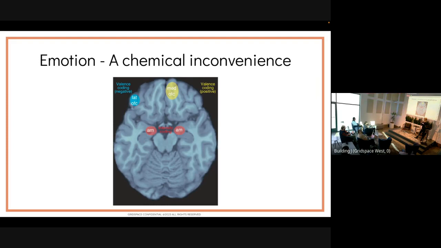Relaxed would be alpha waves, I believe it is, and then higher frequencies is when you're getting more excited. So one way of thinking about this is that the arousal axis is the amygdala, and the valence tends to be more in the orbitofrontal cortex. Very, very overgeneralized. This is very much an ongoing area, obviously.